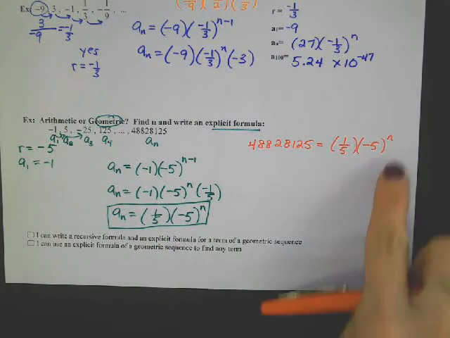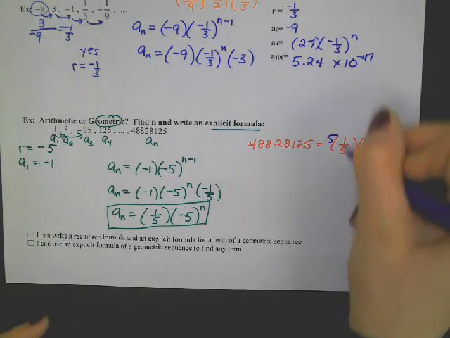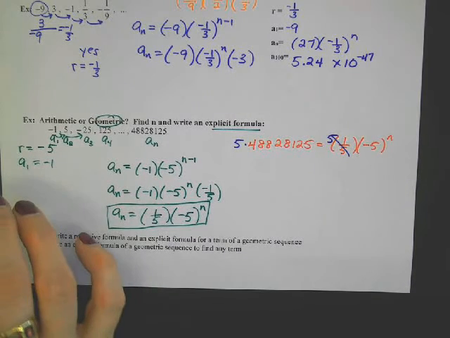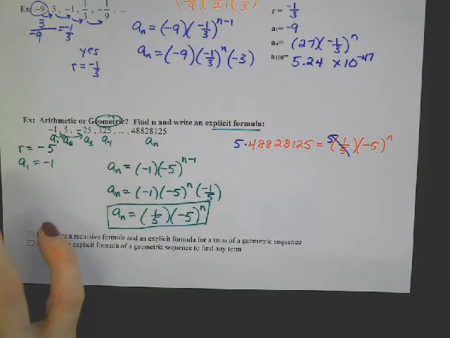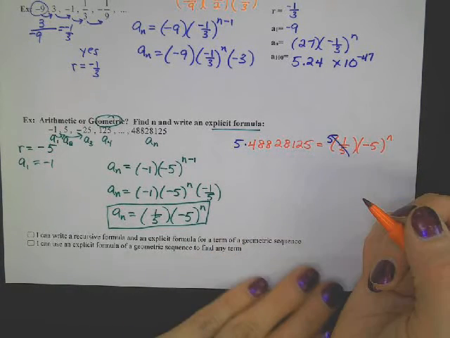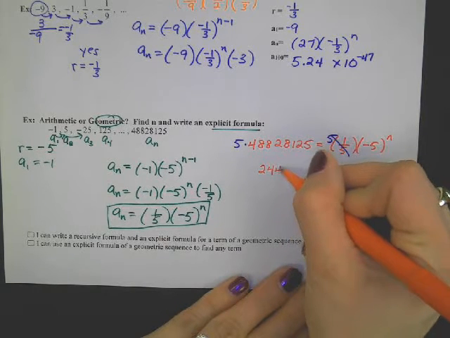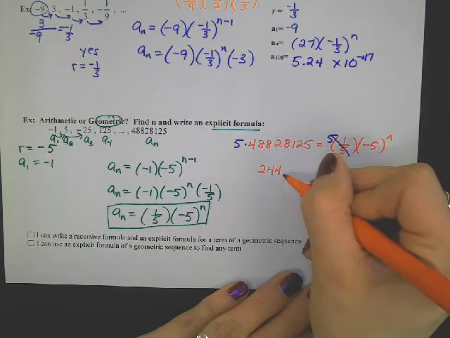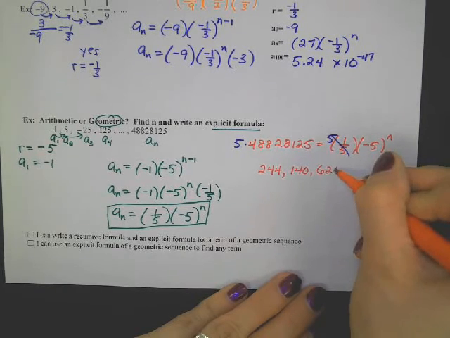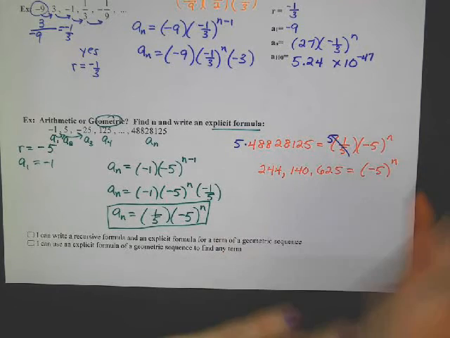So the first thing I'm going to do to solve for n is multiply both sides by 5, and 5 multiplied by 48828125 is, what'd you get, people? What'd you get here? 244,140,625, I'm hoping, equals negative 5 to the nth power.